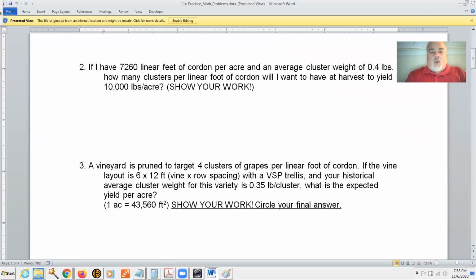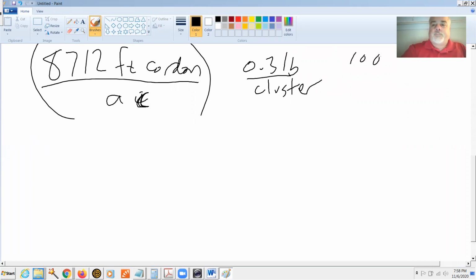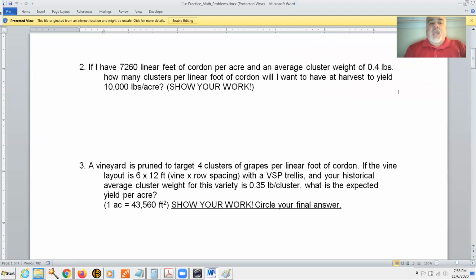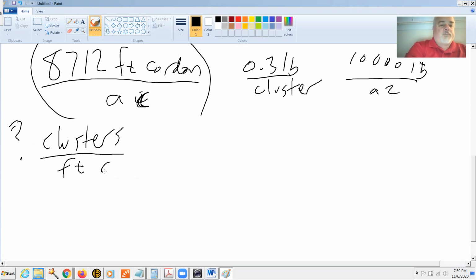I know that I want 10,000 pounds per acre. And I'm asking how many clusters per foot of cordon do I need? So my question, what am I asking, is clusters per foot of cordon. That is what I need to know.